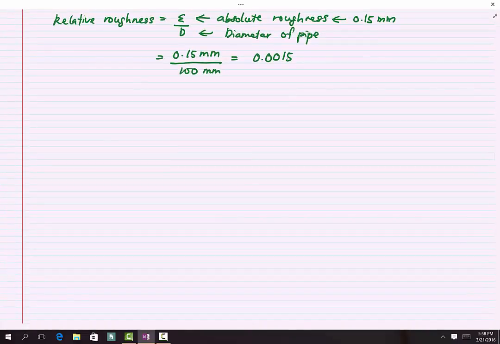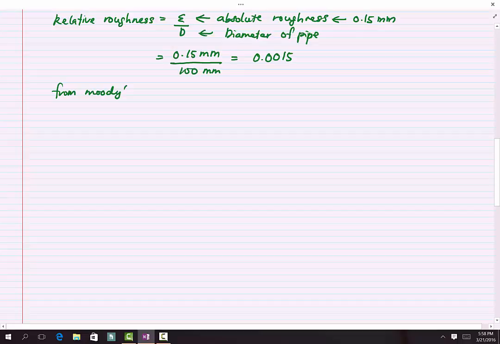So from Moody's chart, the value for f is equivalent to 0.02141. What you have to do is substitute into the equation, HF equals f L rho V squared over 2D.